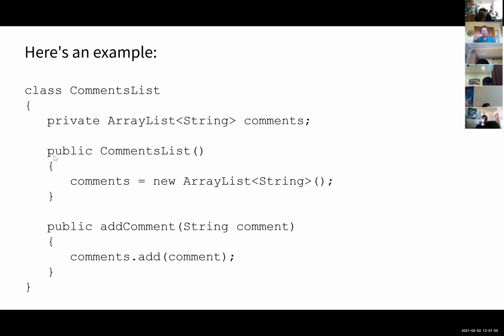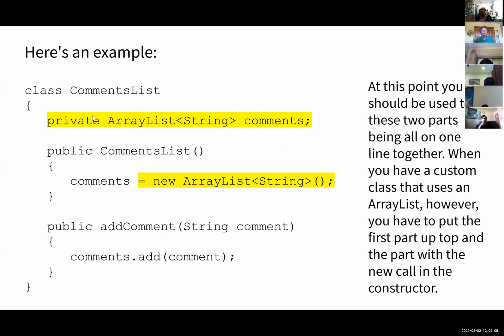And then here's the constructor, public CommentsList. When you call the constructor, notice this is like the second half of a normal ArrayList declaration. Normally, if you're just making an ArrayList in a bunch of code, you wouldn't have the word private. You would just say ArrayList<String> comments equals new ArrayList<String>, right?